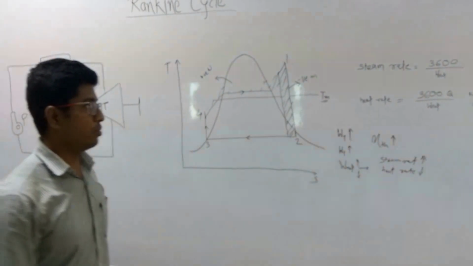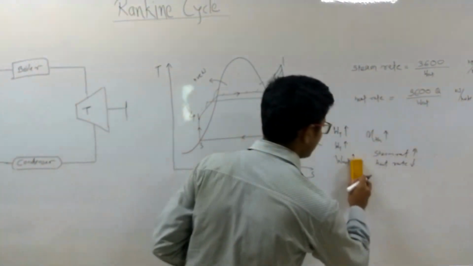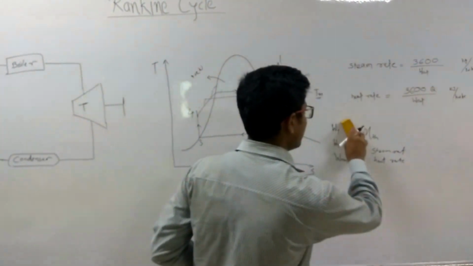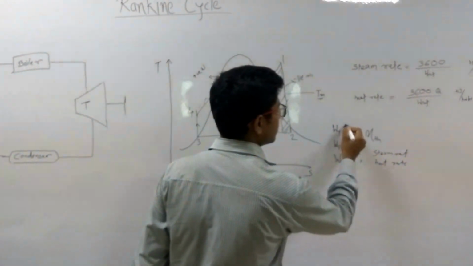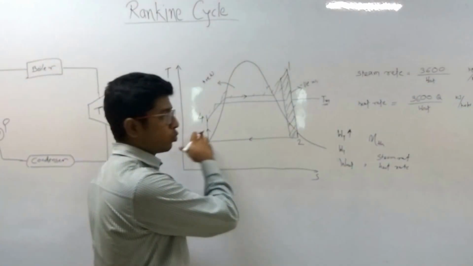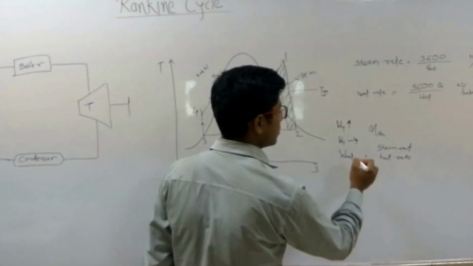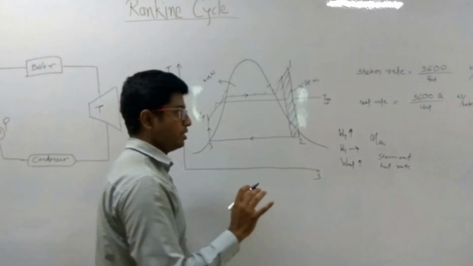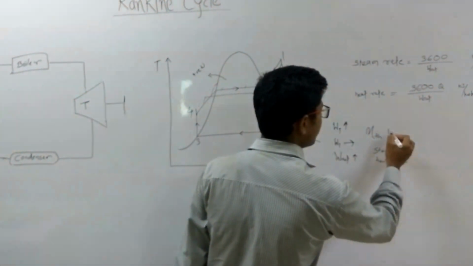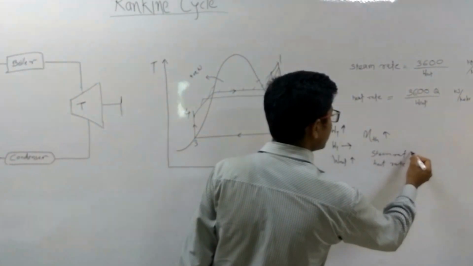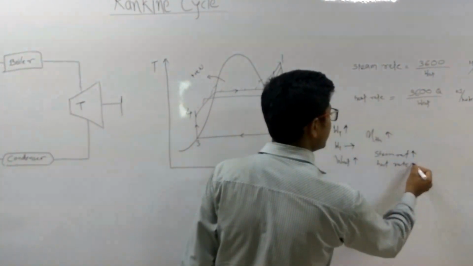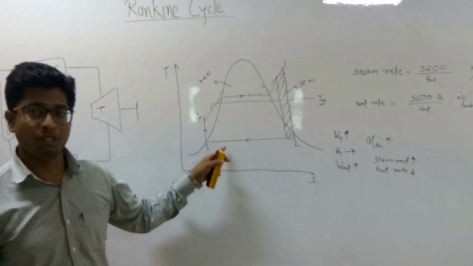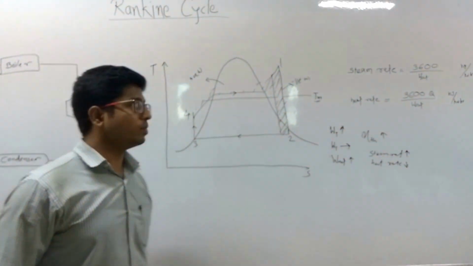So what will happen with turbine work? Turbine work will increase. What will happen with pump work? Pump work will remain constant. W net will increase. Net work output will increase. Efficiency will increase. Steam rate will increase, and heat rate is decreasing, and condenser load is also increasing in this case.